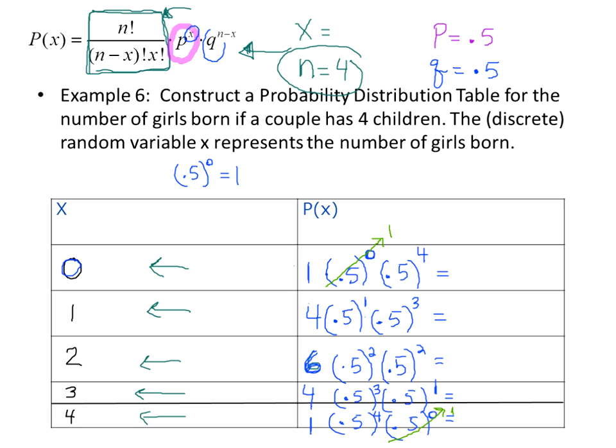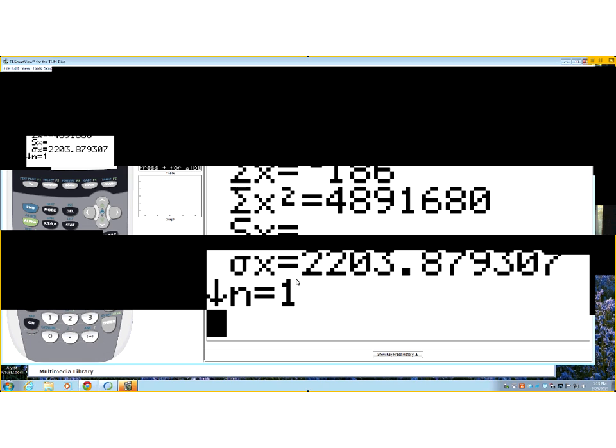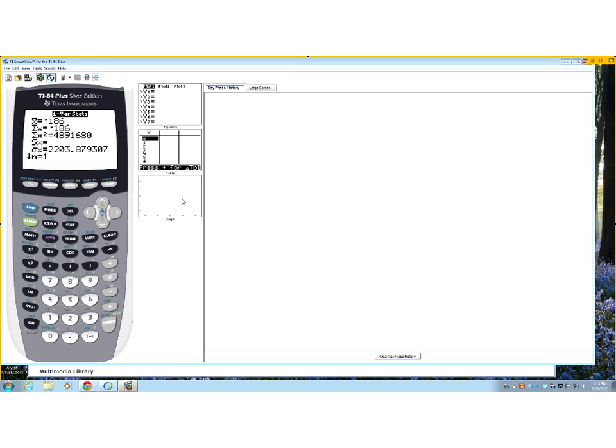All right, so I'm just going to take you over. You can do this by hand, you don't need the calculator, but sometimes it's easier to look at on this side. So for the first one, it happened one way, and there was 0.5 to the 0.